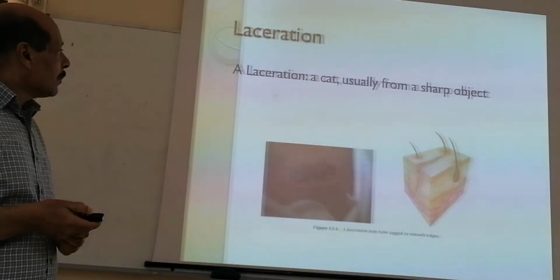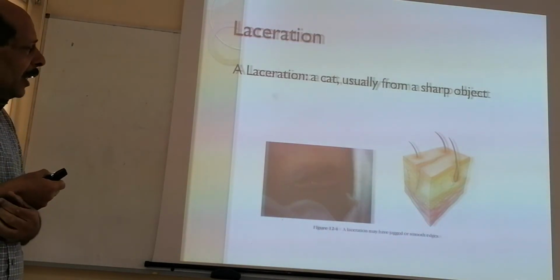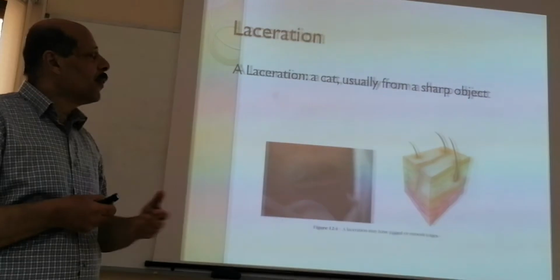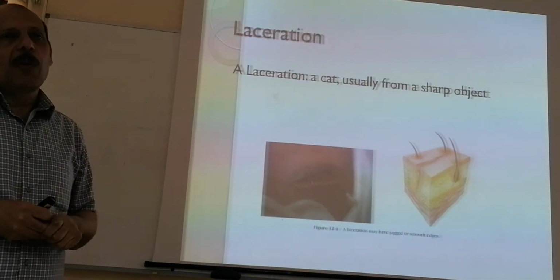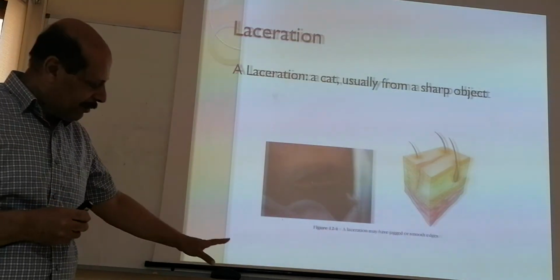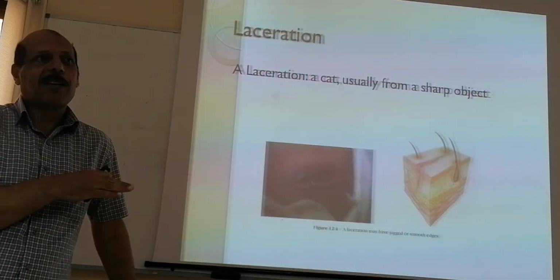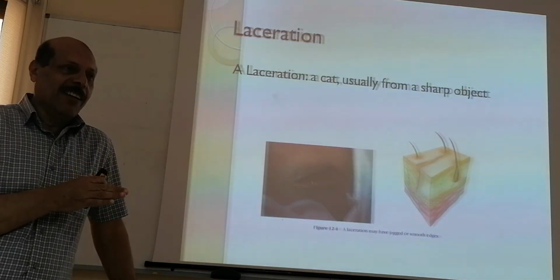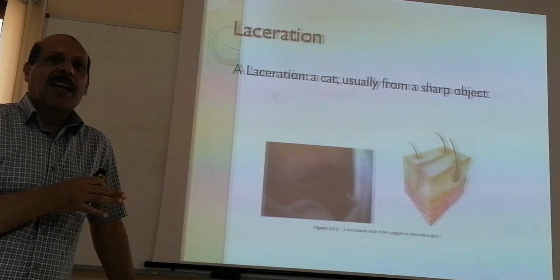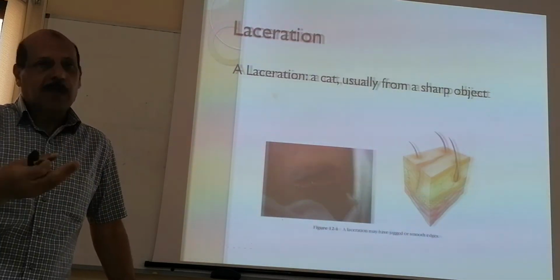Laceration wound. Laceration is a cut, usually from a sharp object. By the way, this is the definition which is there in the book. But laceration as a term means a wound which has irregular edges, and it might be deep.